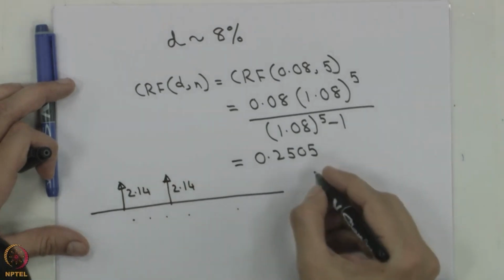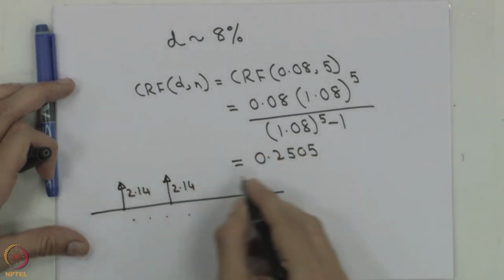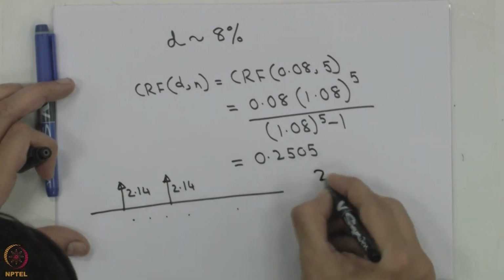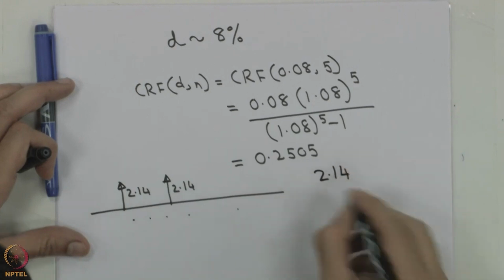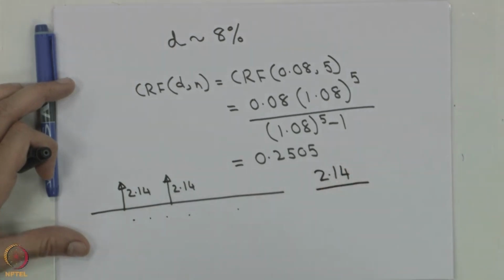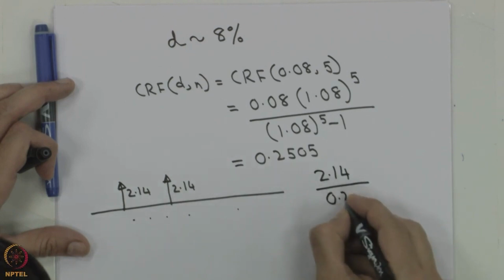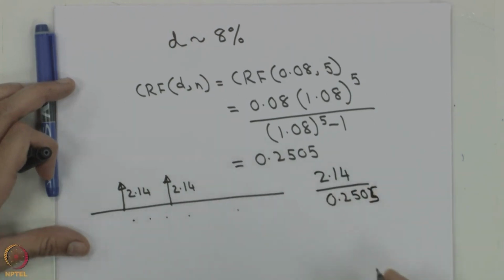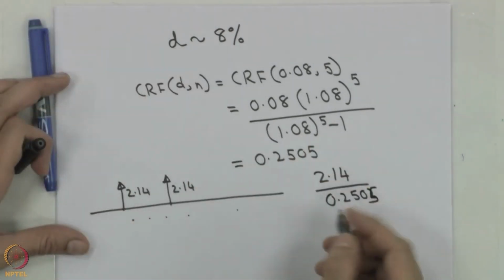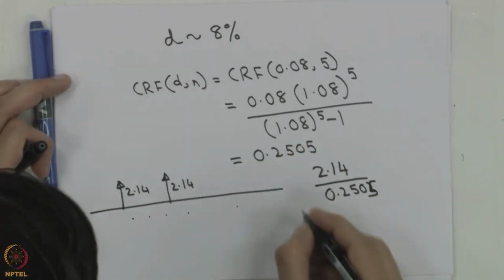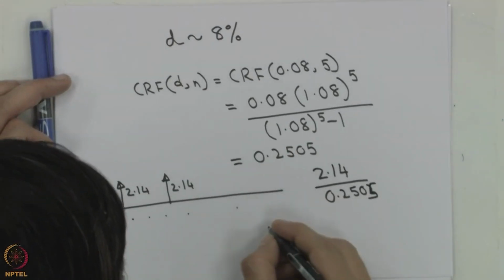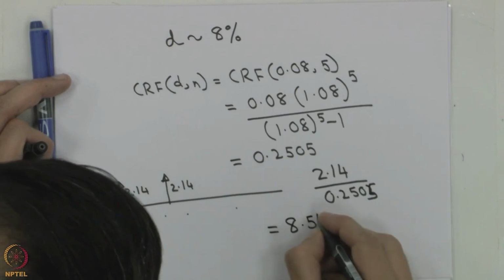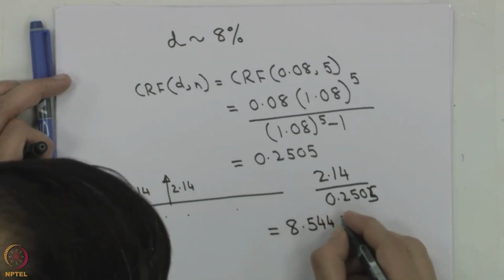So, that means when we look at the net present value of all these repayments, that is going to be equal to the annual amount 2.14 divided by the capital recovery factor 0.2505. And when we calculate this, the net present value comes out to be 8.544 lakhs.